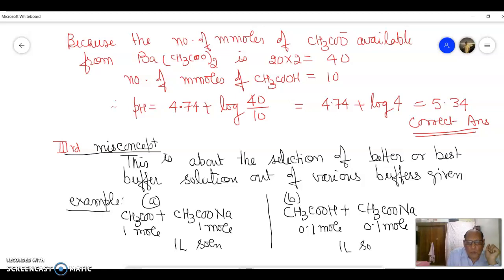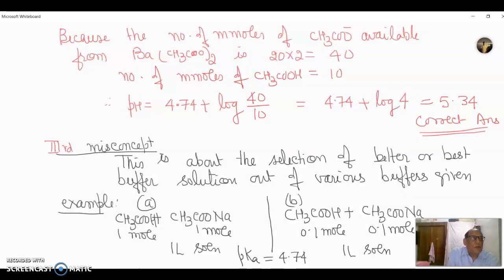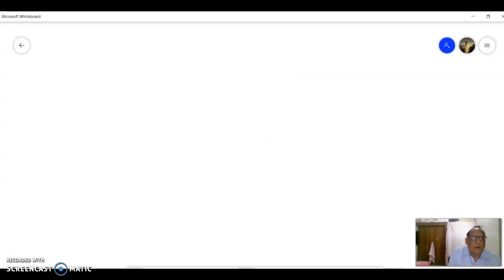Again, we get 1 liter. pKa value of this acetic acid is 4.7. So our question is, which of the two is a better buffer solution?